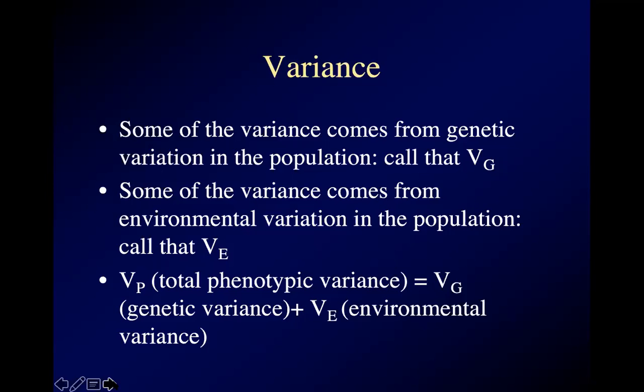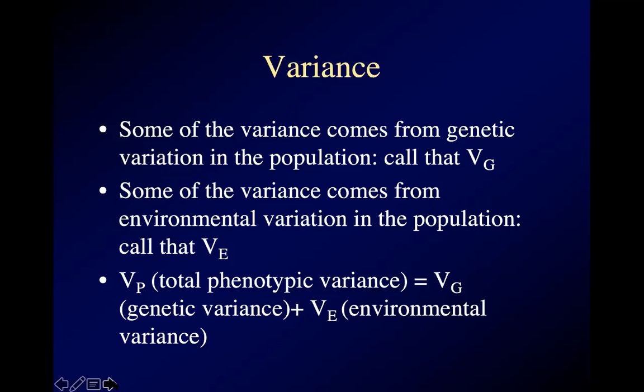Some of what makes us all different comes from variation in environment. Some of us probably ate very high quality diets with lots of protein in them, and maybe some of us were raised on Twinkies. Okay, that may be kind of an extreme example because I'm assuming most of you folks had fairly typical middle class diets.